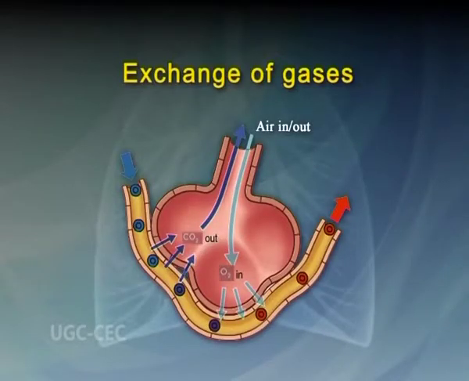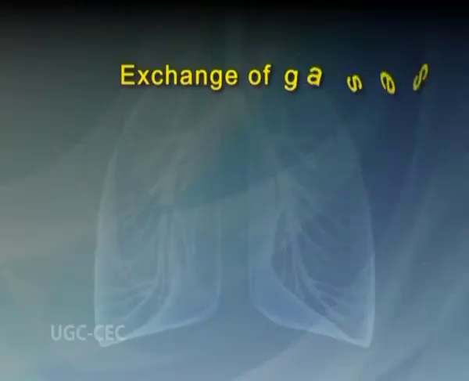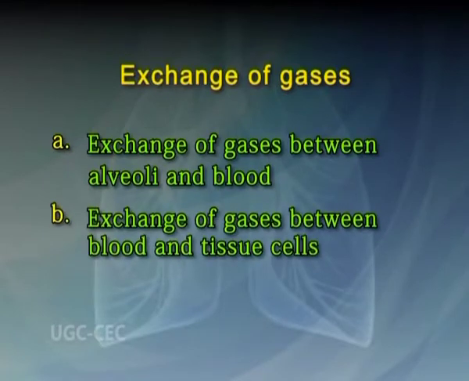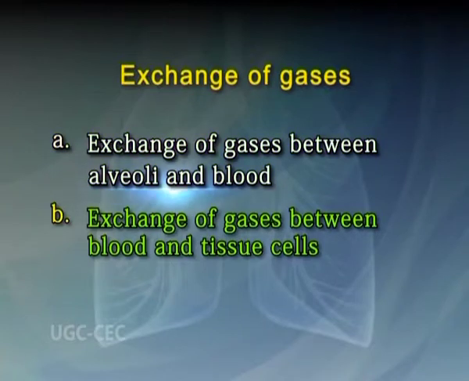Next comes exchange of gases. Exchange of gases is of two types. A. Exchange of gases between alveoli and the blood, and B. Exchange of gases between blood and tissue cells. A. Exchange of gases between alveoli and the blood.